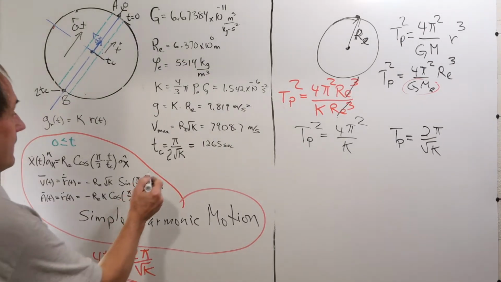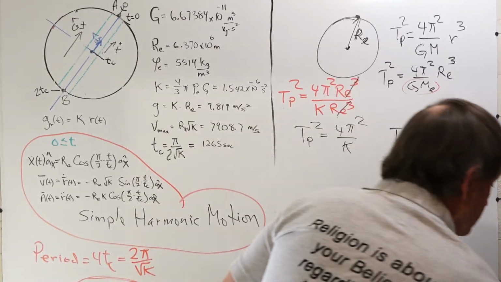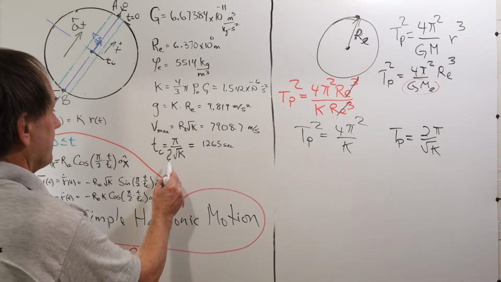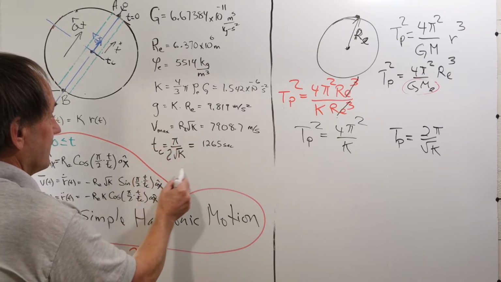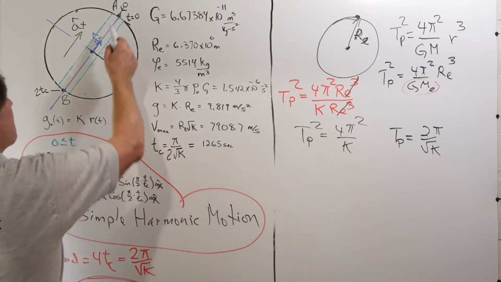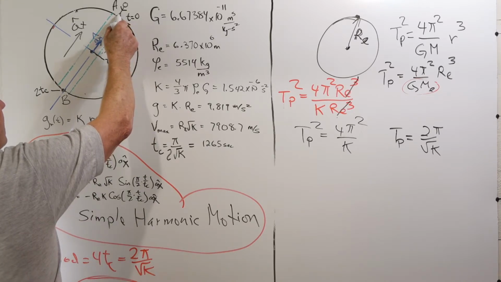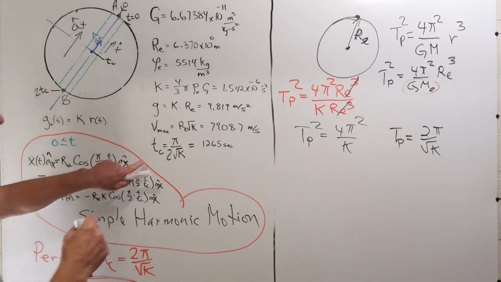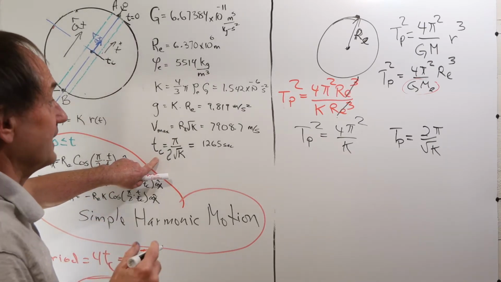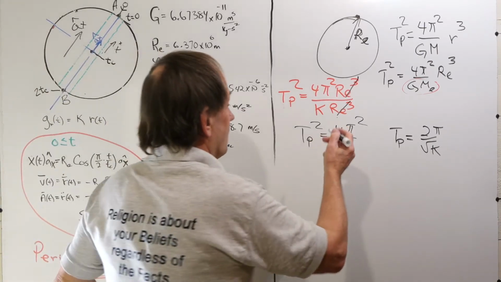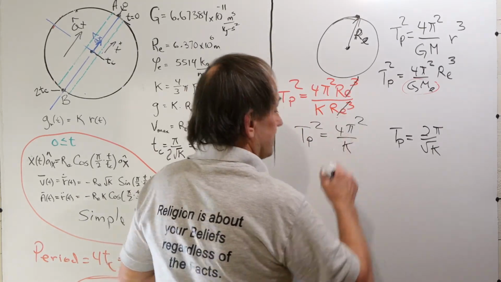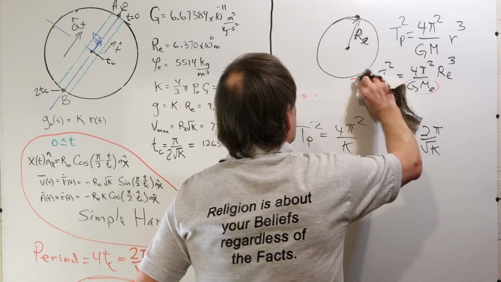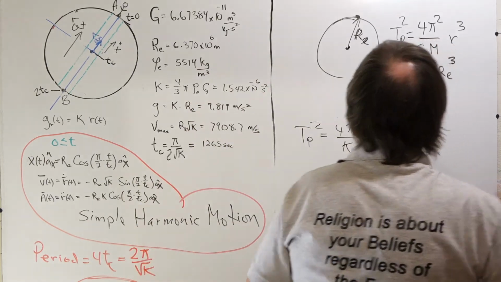That just happens to be similar to the same amount of time that it takes to move from the surface to the center of the Earth. Well, let's look at the relationship here. The orbital period is the amount of time that it takes to make one complete revolution around the Earth.